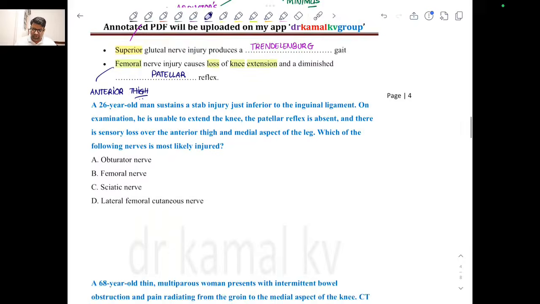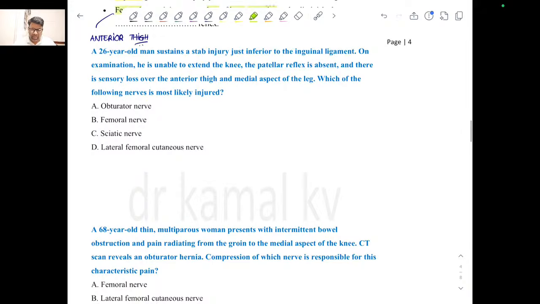Now let us discuss few MCQs. A 26-year-old man sustains a stab injury, right? Stab injury inferior to the inguinal ligament.